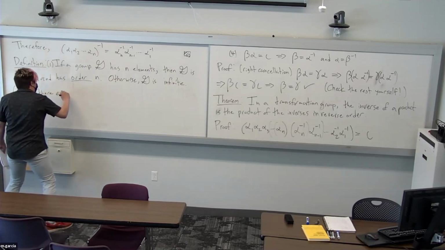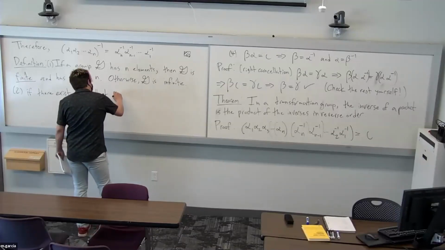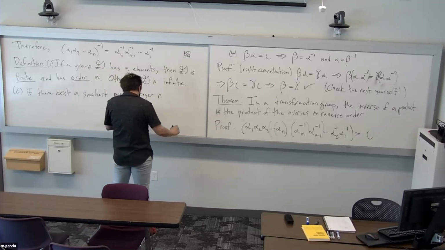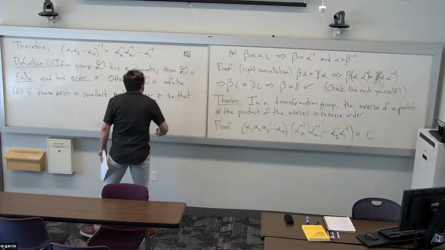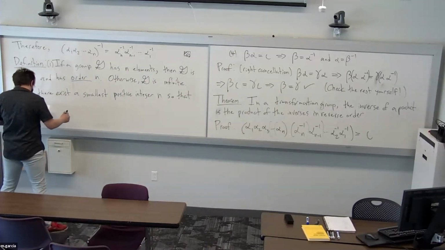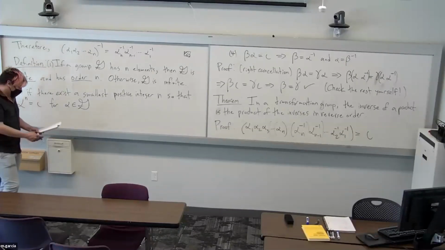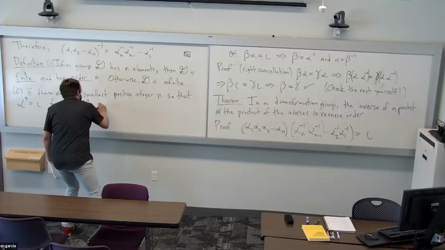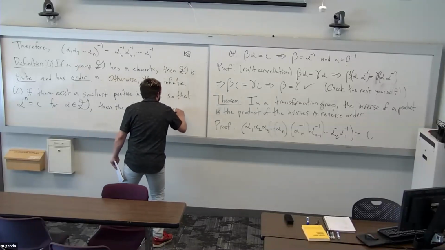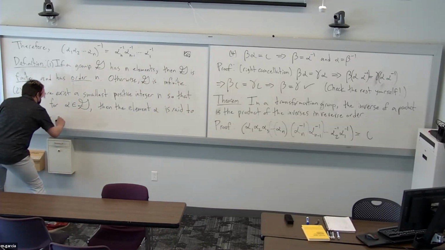If there exists a smallest positive integer n so that alpha to the n is equal to iota, for some element alpha in the group G, then the element alpha is said to have order n.